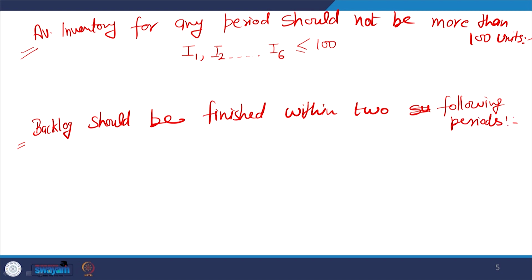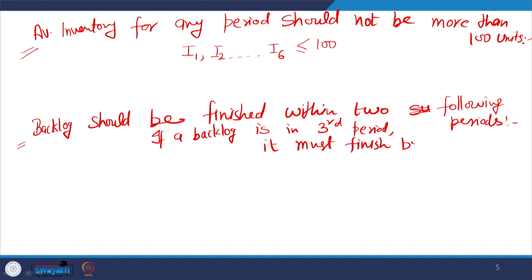So, if a backlog is in third period, it must finish by fifth period. It cannot go beyond fifth period. A new backlog may develop in fifth period, but you have to finish the previous backlog by the next 2 periods. That is again a condition.